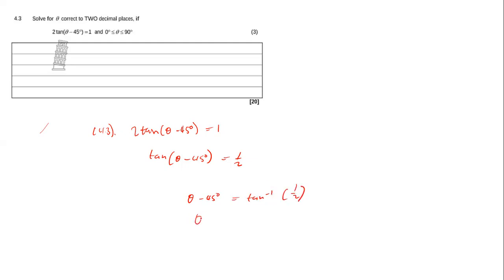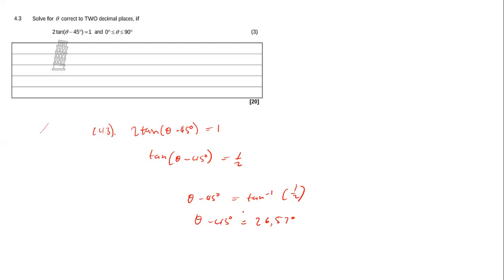And therefore, theta minus 45 degrees will be equal to the inverse tan of 0.5, using the second function. To 2 decimal places, that is 26.57 degrees.